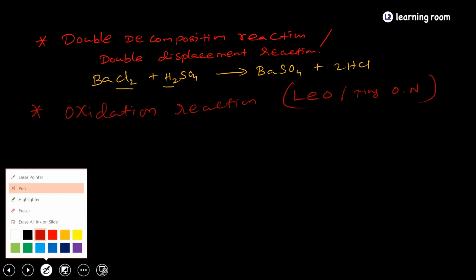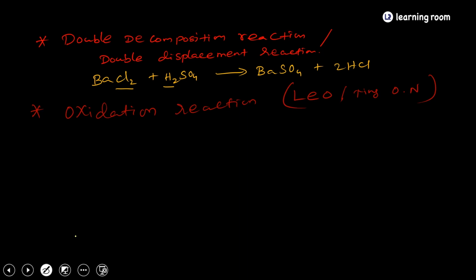First, what are the ways by which you can get oxidation? Number one, removal of hydrogen.